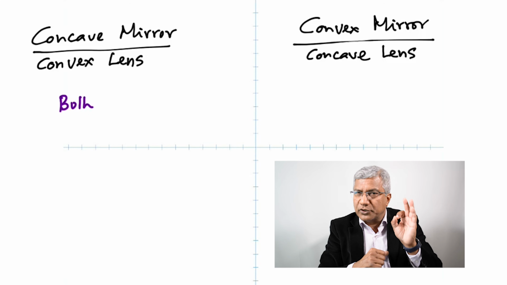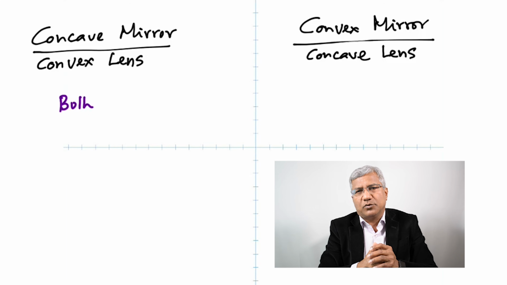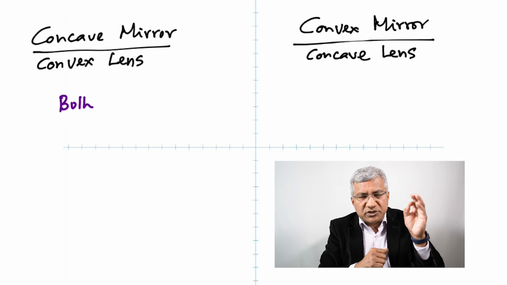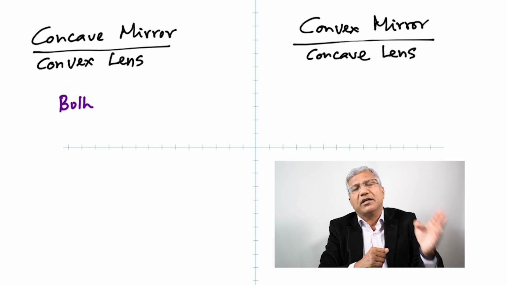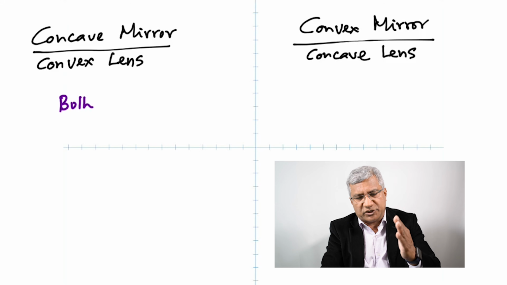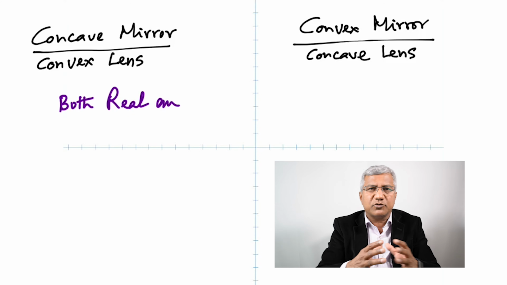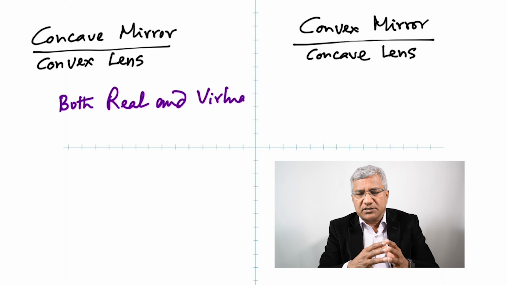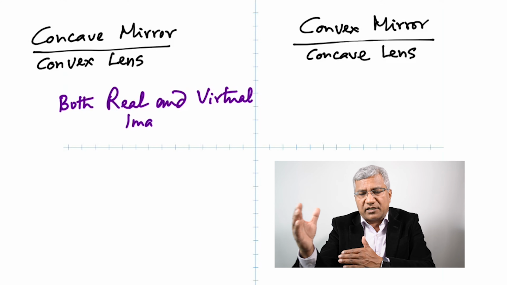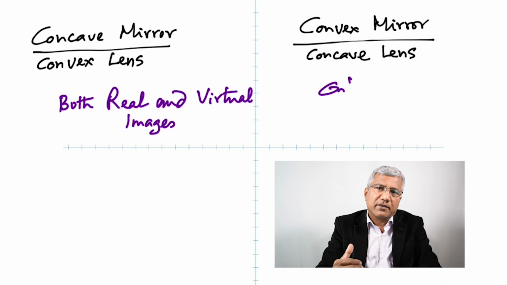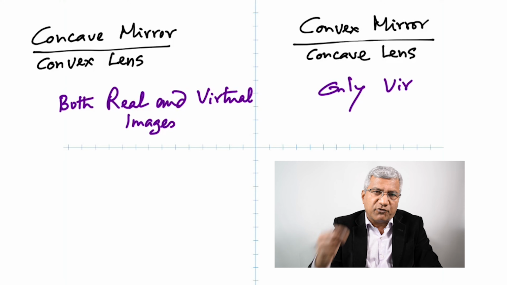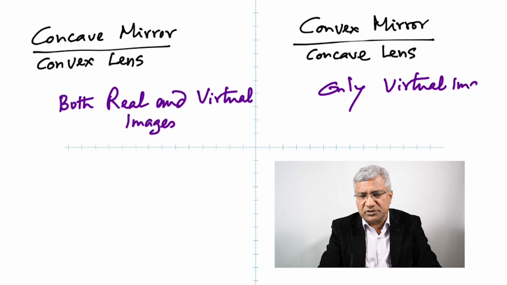Both have a real focus, which means they can produce a real image and they can also produce a virtual image. So they produce both real and virtual images. But the convex mirror and concave lens have a virtual focus and can only produce a virtual image.